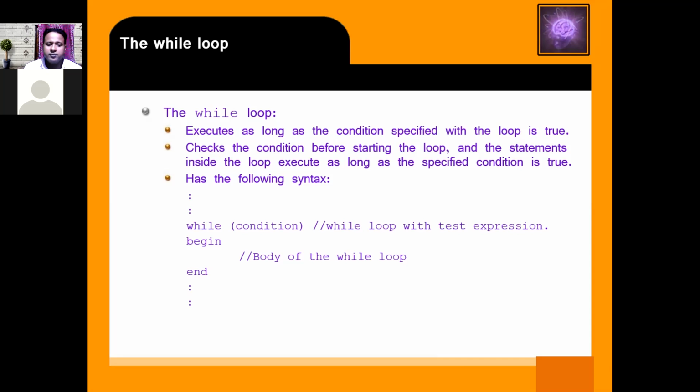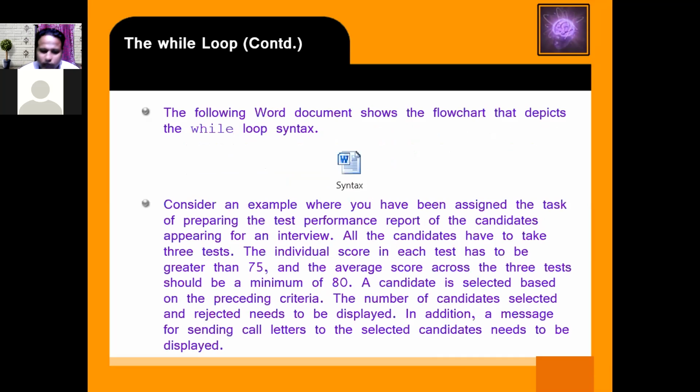But here we have one condition: while, then your condition. So till your condition is true, the statements within the while loop are executed. I'm giving you a simple example to display 1 to 10 using a while loop. So how do you have to write?